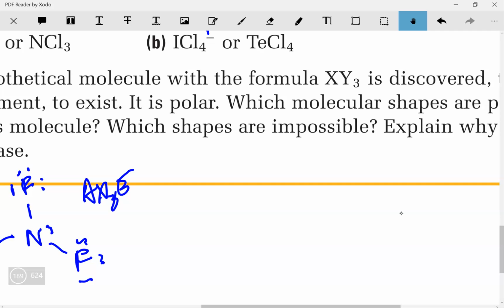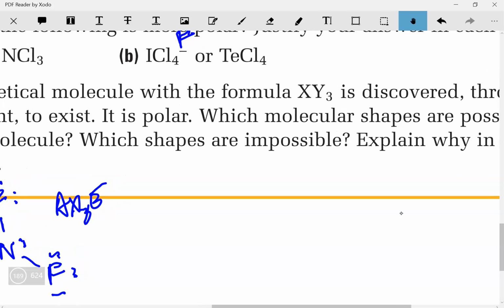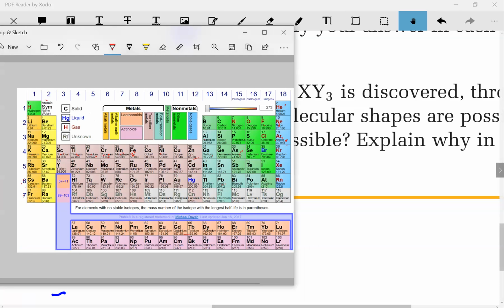ICl4 minus or TeCl4. Let's see. Where is tellurium again?